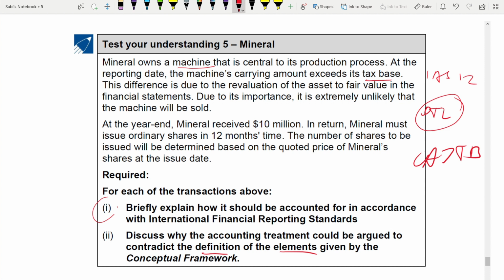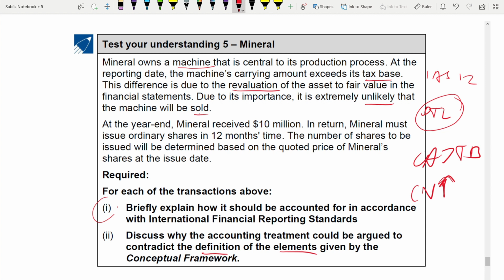Whenever revaluation takes place, your carrying value will definitely increase more than your tax base, which gives a higher deferred tax liability. So this is because of revaluation. Due to its importance, it is extremely unlikely that the machine will be sold.